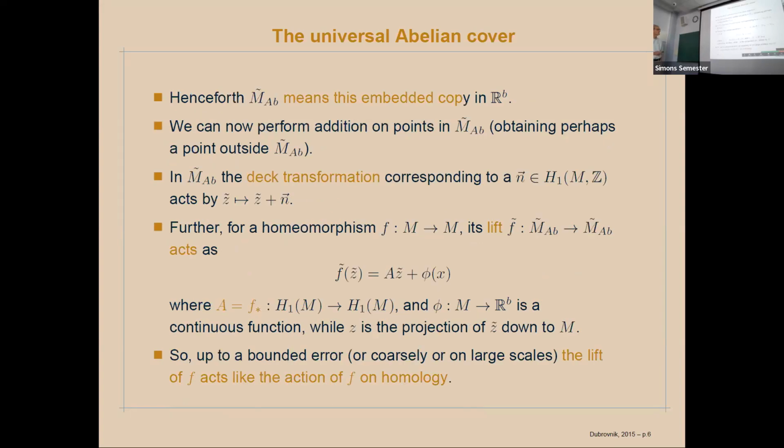After we do that, the lift of a map acts like a linear part, which is the action on homology, plus a bounded part. The fact that this is bounded, as you remember, is important. So the conclusion, if you like coarse topology, which is the big thing in Florida, is that coarsely, or on large scales, the lift of any map acts like homology because this part is bounded.